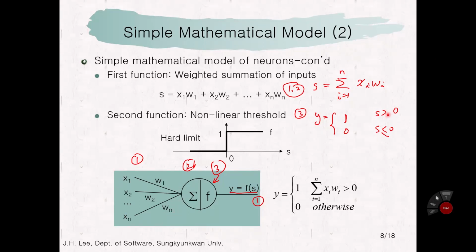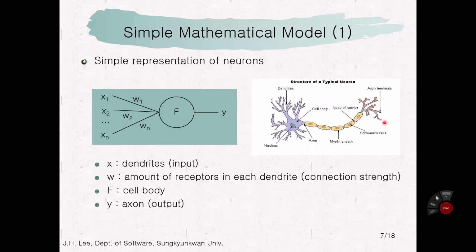The reason why I put down 0, actually this is not 0. As I told you last time, I said that here is some bucket, okay? Here is some bucket, and then there is a signal. If the signal is coming through, x1w1, x2w2, this is the amount of signal, right?